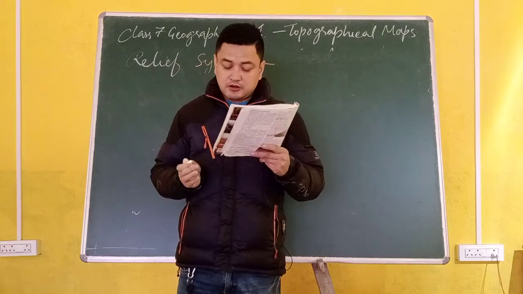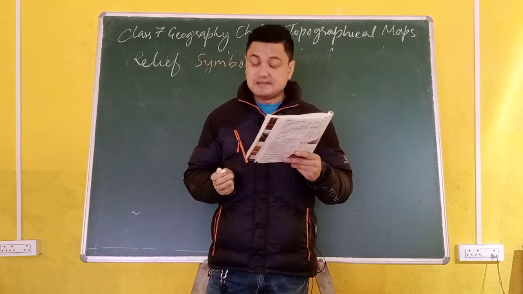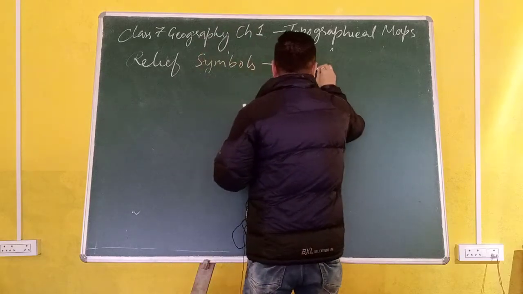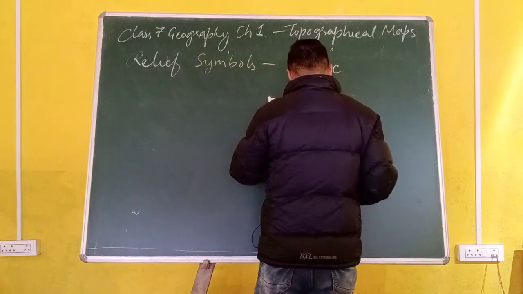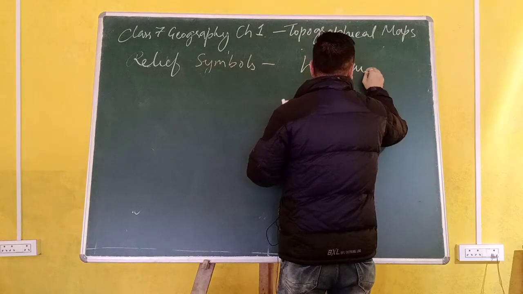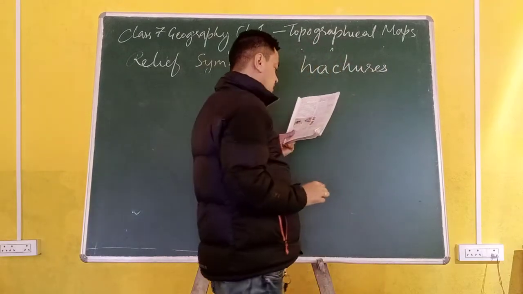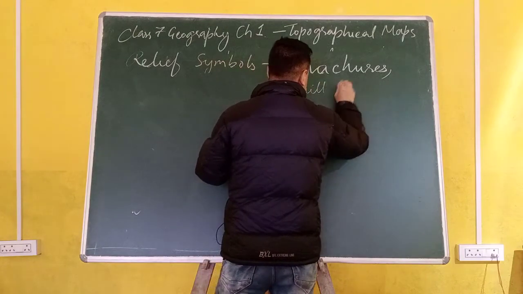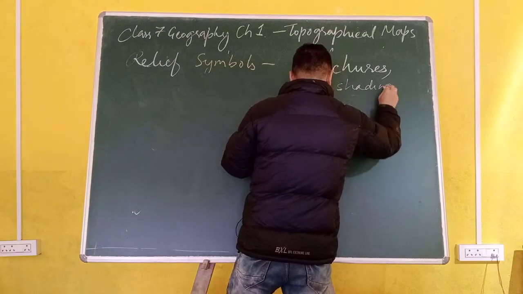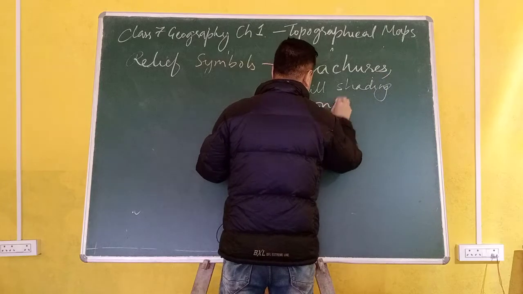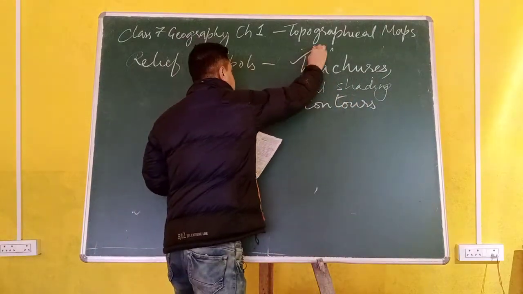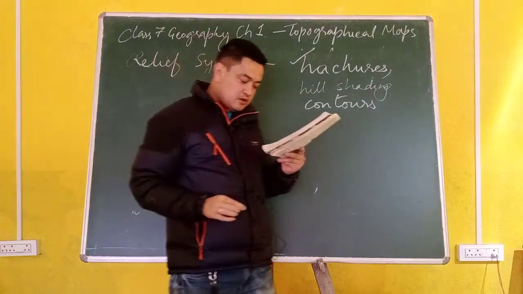On the map, the relief features are shown by different symbols: hatches, hill shading, and also contours. The first thing we are going to study is hatches.